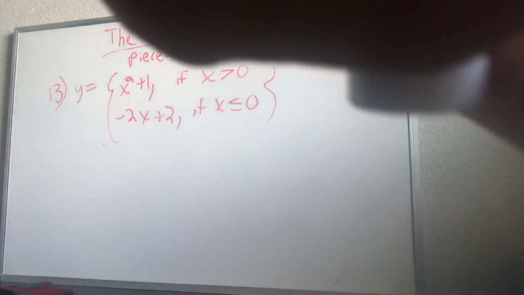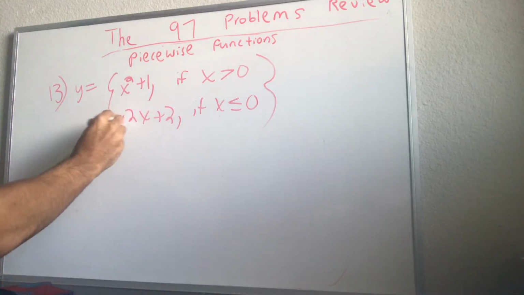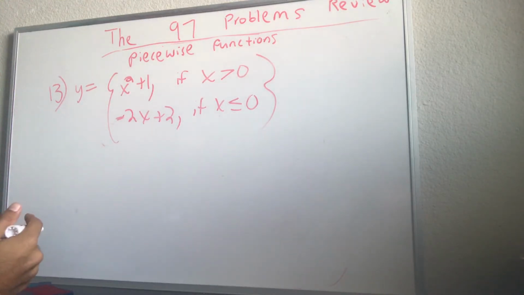So we have those 2 points here, and looking at these 2 different restrictions, as I said before, it's always good to plug in 0 in both equations to see if we have any discontinuities as we move from one restriction to another.